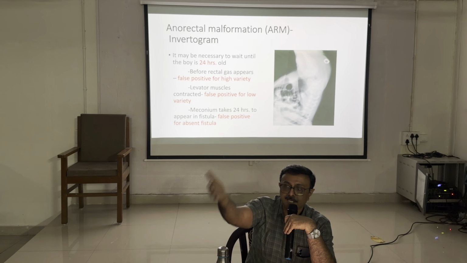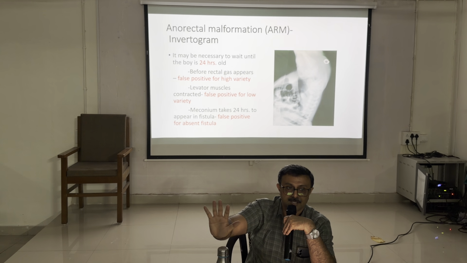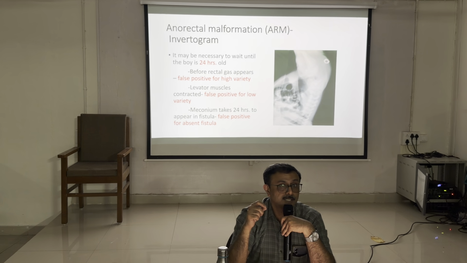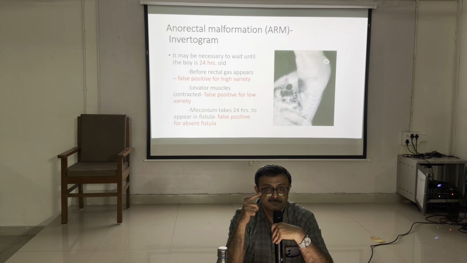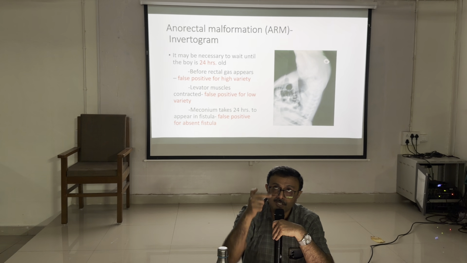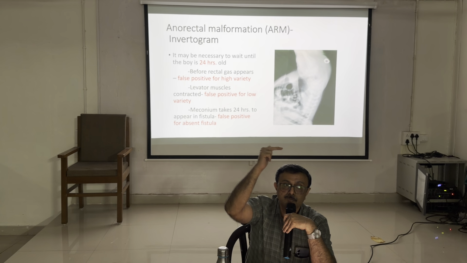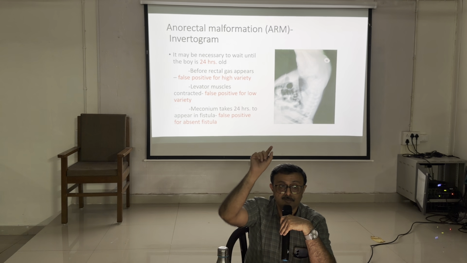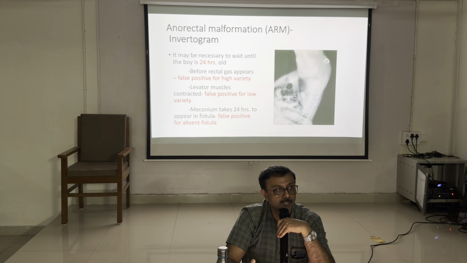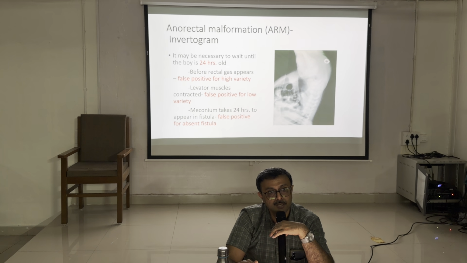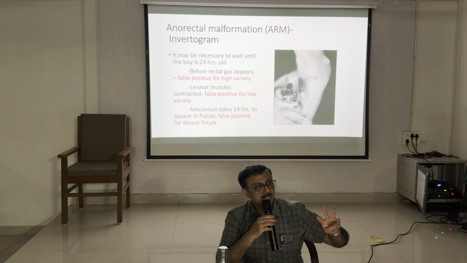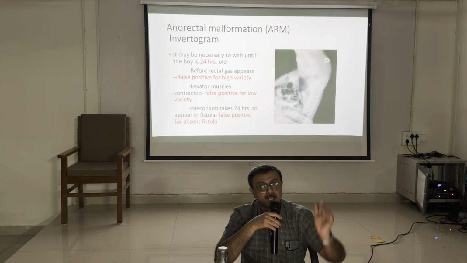So now clinically there is no anal opening. So the atresia end has many varieties from high level to low level. We have to identify the uppermost limit of the gas shadow, and it signifies the level of anorectal malformation, high or low. Clinically there are three levels: high, intermediate and low.